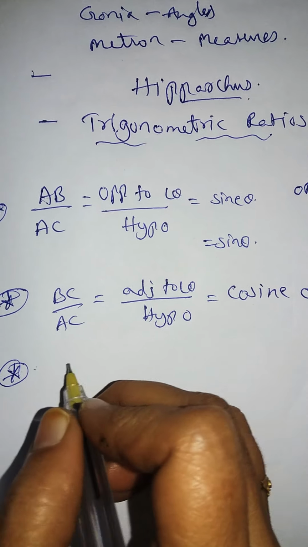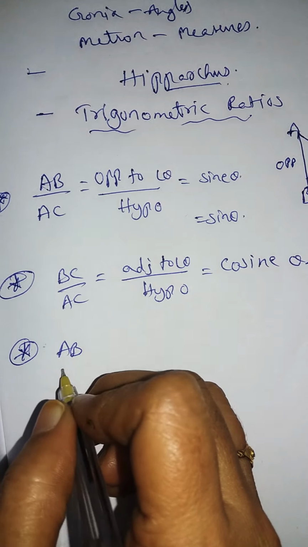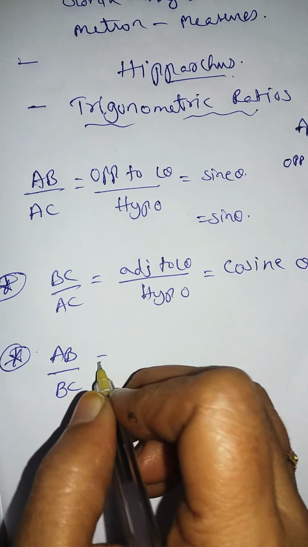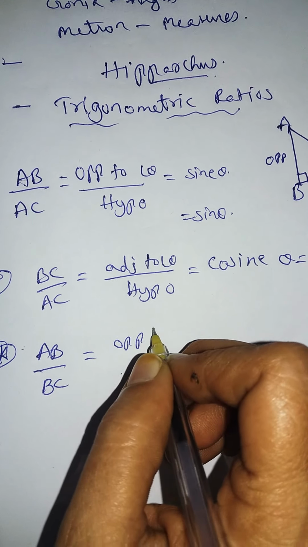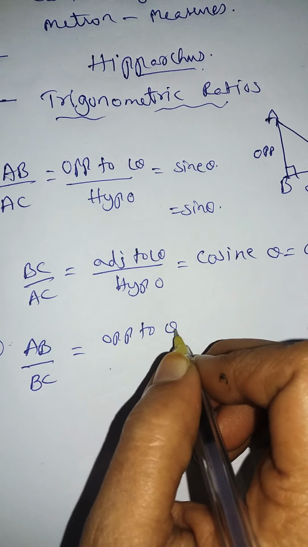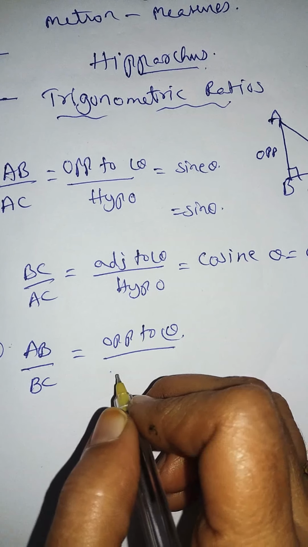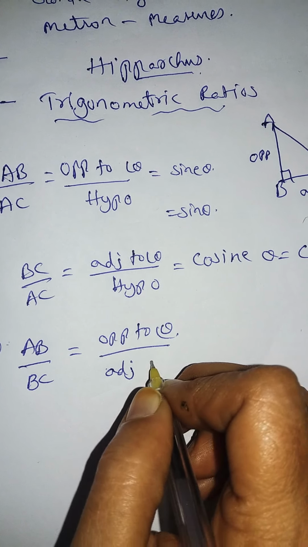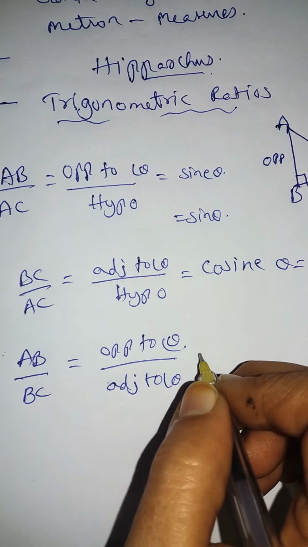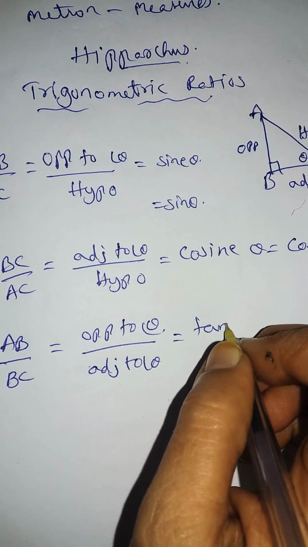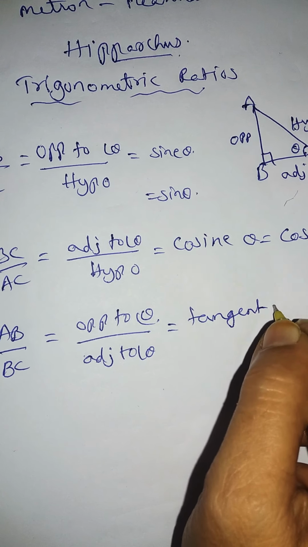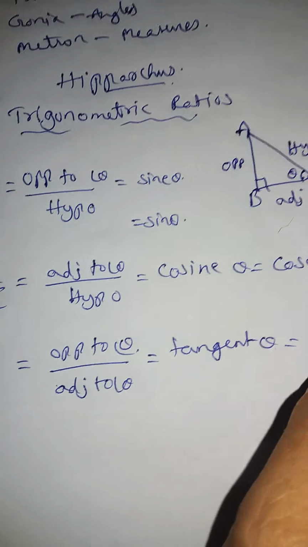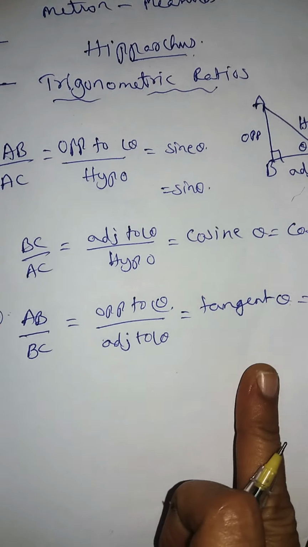The next one is the ratio of AB by BC, which is opposite to angle theta divided by adjacent to angle theta, which is tangent theta, or tan theta.